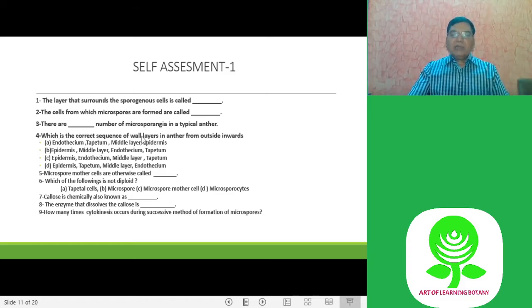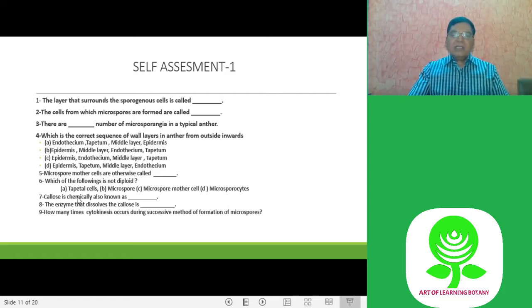Which is the correct sequence of the wall layers in anther from outside inside? Epidermis, endothecium, middle layers, and tapetum, that is option C. Which of the following is not diploid? Tapetal cell is diploid, microspore mother cell is diploid, microsporocyte is the same as microspore mother cell and is diploid, microspore is not diploid. So the answer is B.